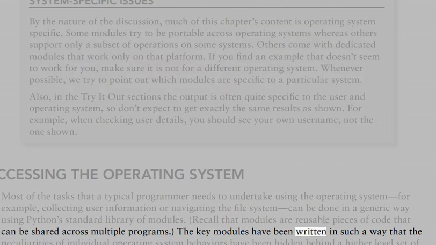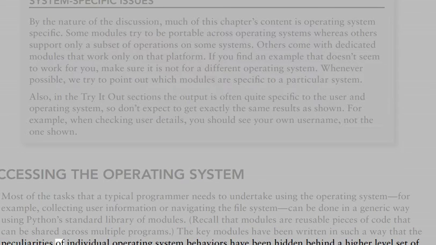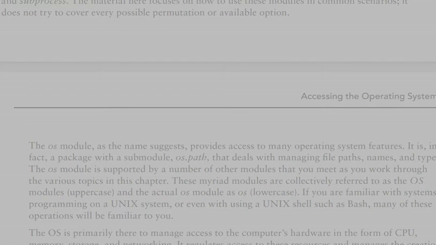The key modules have been written in such a way that the peculiarities of individual operating system behaviors have been hidden behind a higher-level set of objects and operations. The modules that you consider in this section are os/path, pwd, glob, shutil, and subprocess. The material here focuses on how to use these modules in common scenarios. It does not try to cover every possible permutation or available option.